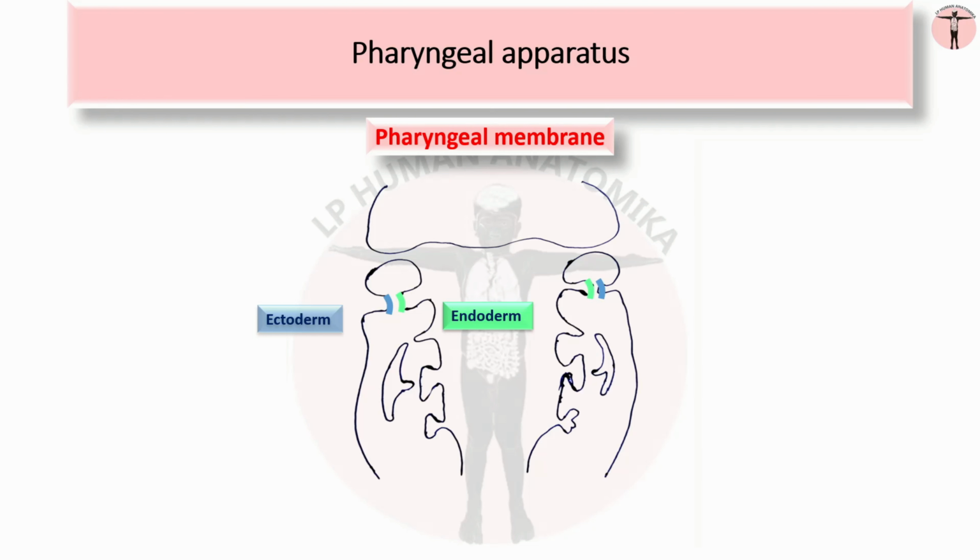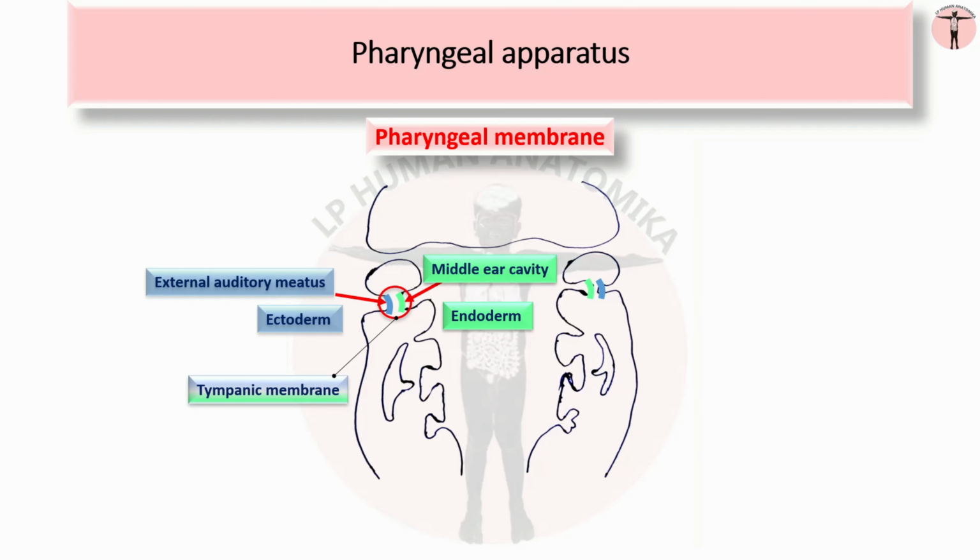Only the first pair contributes to the formation of an adult structure, the tympanic membrane, present between the external auditory meatus and the middle ear cavity. In the middle, the tympanic membrane is formed by mesenchymal tissue. Hence, the tympanic membrane is formed by 3 tissues from medial to lateral: the endoderm, mesoderm and the ectoderm.